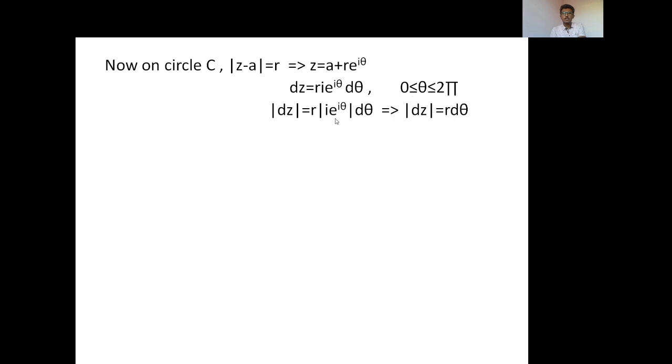So take the modulus: modulus of dz is r into modulus of i into e power i theta. Modulus of r is r since it is a positive number. Modulus of i is 1, and modulus of e power i theta is root of cos square theta plus sin square theta, which is again 1. So modulus of dz is equal to r into d theta.